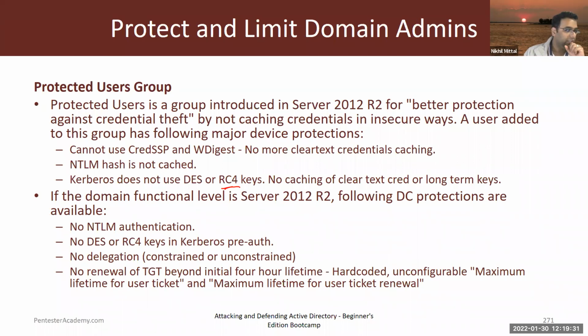If you add, let's say, a user to the protected users group, and if you get access to the user's NTLM hash, it would not be possible to use overpass the hash with the NTLM hash or RC4 to access that user or any resources of that user. All right, but for that, the domain functional level must also be Server 2012 R2. If that is the case, there will be no NTLM authentication. So this means that your OPTH would not work.